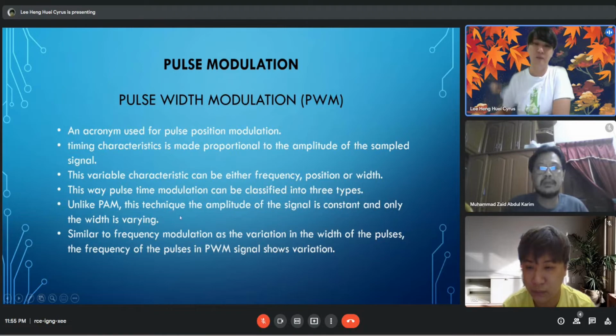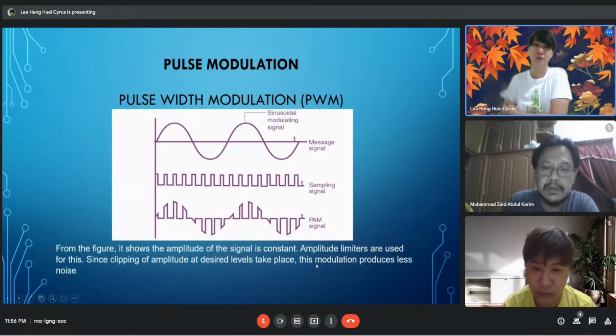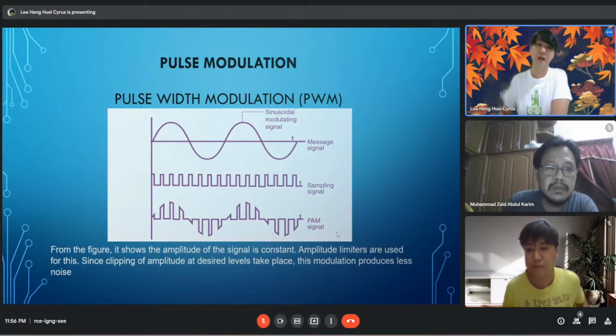Like PAM, in this technique the amplitude of the signal is constant and only the width is varying. It is similar to frequency modulation, with variation in the width of the pulses. The frequency of the pulses in a PWM signal shows variation. This is a sample graph showing the message signal, sampling signal, and PWM signal.